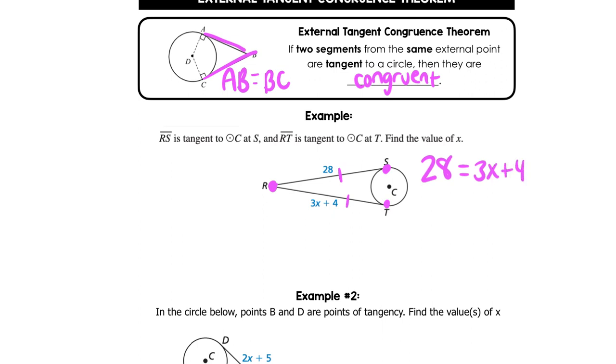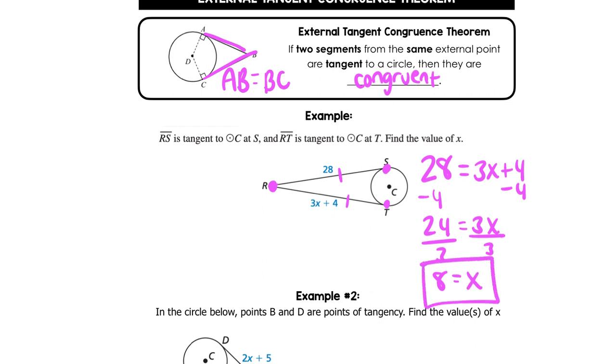We can use that to find the value of x. We have 8 equals x. You can always plug that back in just to make sure it works. 3 times 8 plus 4 is in fact 28. So they're both the same, so it does work.